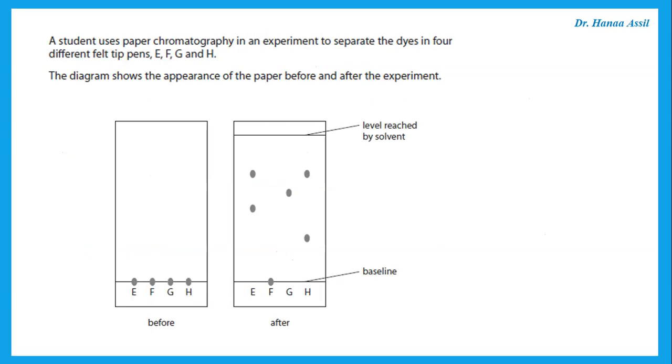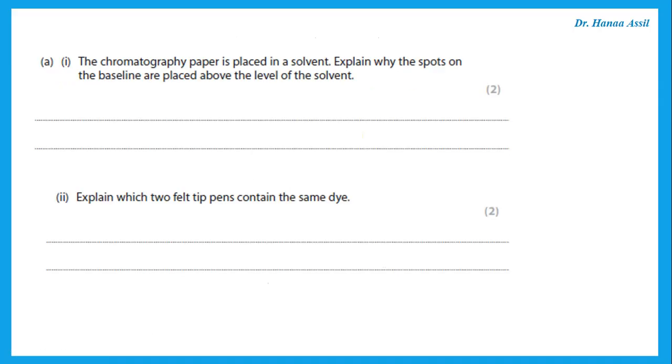A student uses paper chromatography in an experiment to separate the dyes in 4 different pens E, F, G, and H. The diagram shows the appearance of the paper before and after the experiment. Now, the question is, the chromatography paper is placed in a solvent.